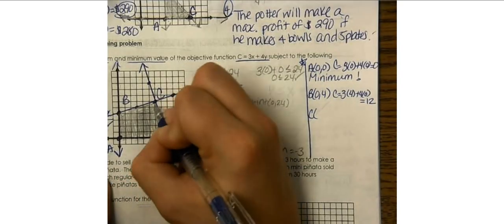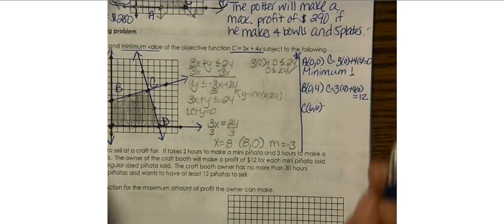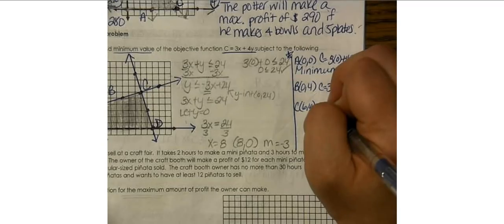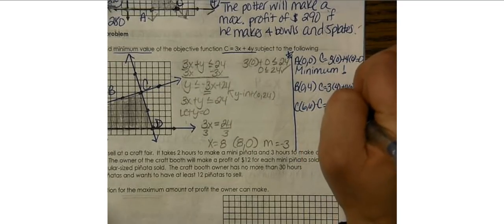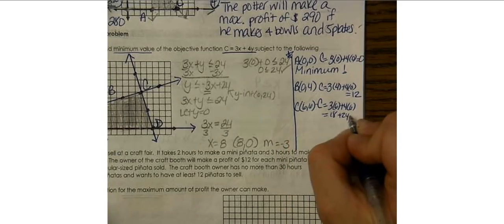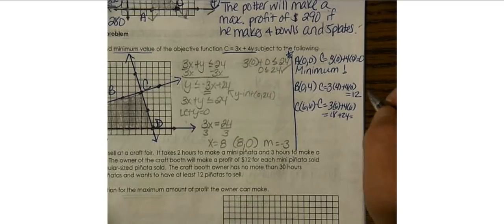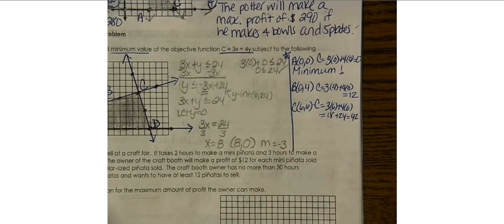And that is C equals 3 times 6 plus 4 times 6. So that is 18 plus 24, and 18 plus 24 is equal to 42. All right, so far I can see that B is not going to be my maximum. Maybe C will be. So now we're going to check D. And D is located at 1, 2, 3, 4, 5, 6, 7, 8, 0.